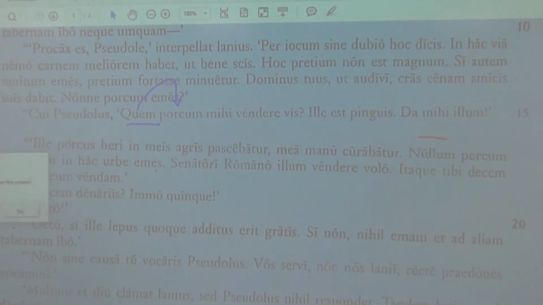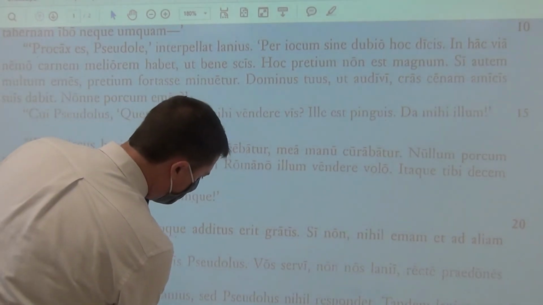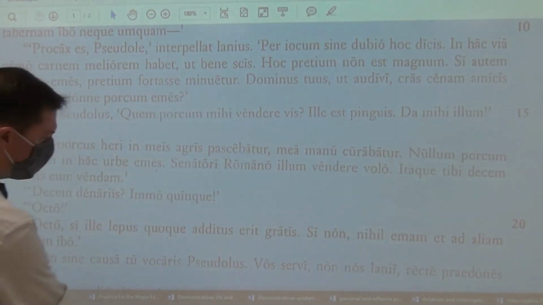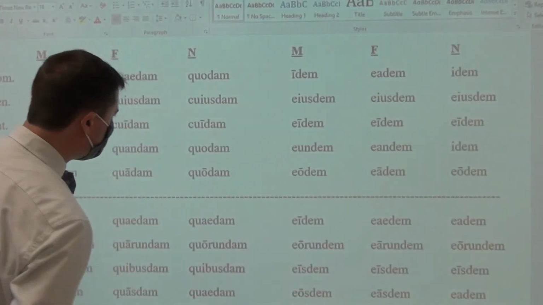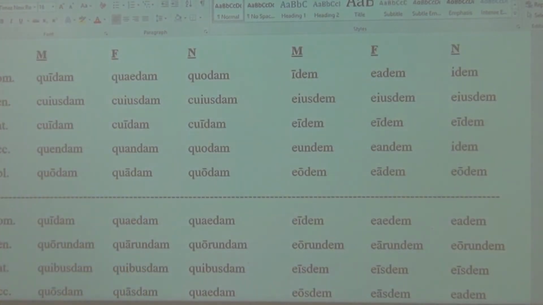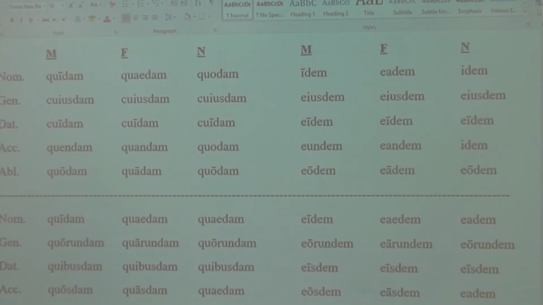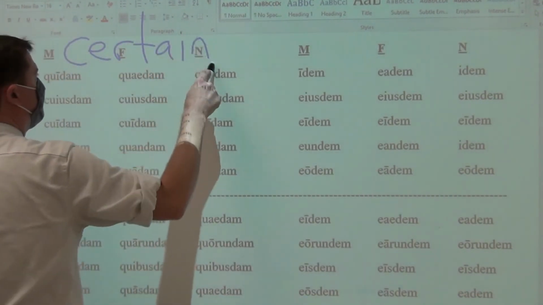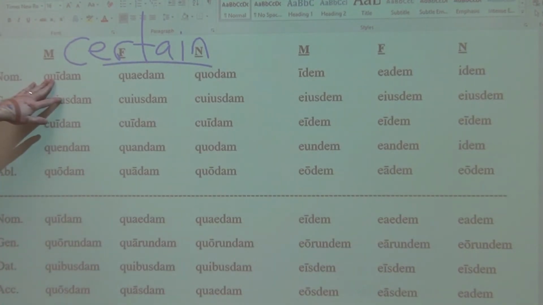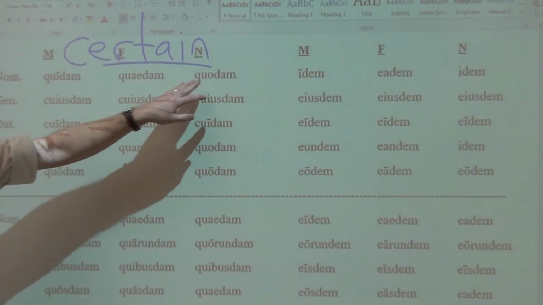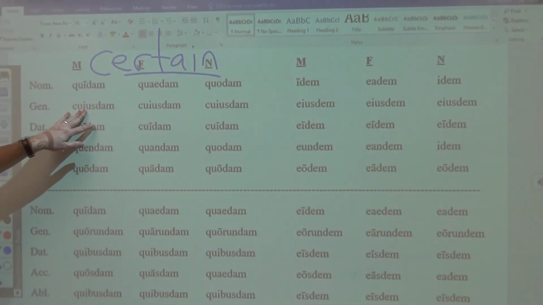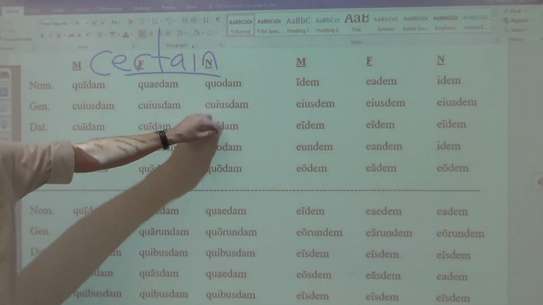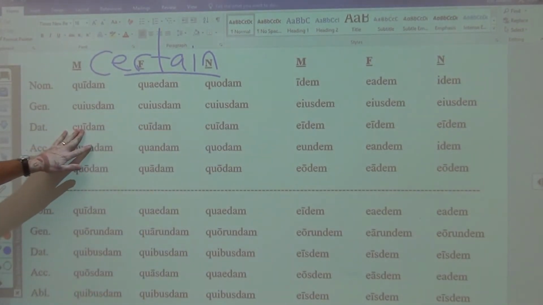S-P-R-I-T. Now, let us consider some other Q words. If you take the qui, quae, quod and put dam on the end of it, it is then going to mean a certain subject verbs, of a certain thing, for or to a certain thing.